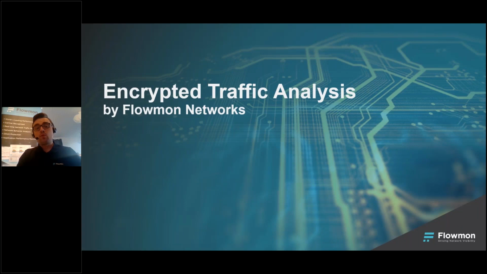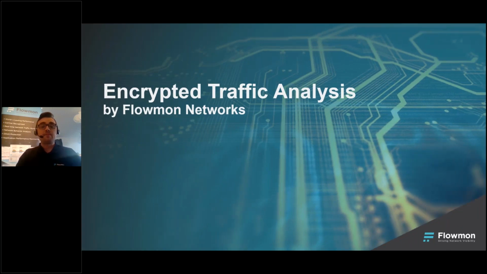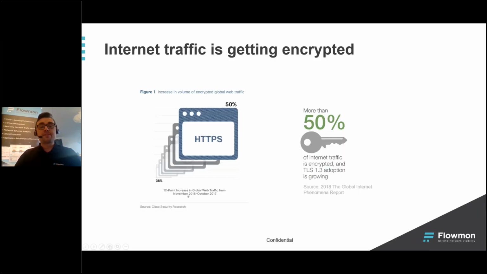Encrypted traffic analysis by Flowmon Networks. Why is this important? Of course, we observe that the volume of encrypted traffic in internet traffic is increasing. On the left side, you can see some numbers from Cisco Security Research that in the past year there has been a 12% increase in the volume of encrypted web traffic.